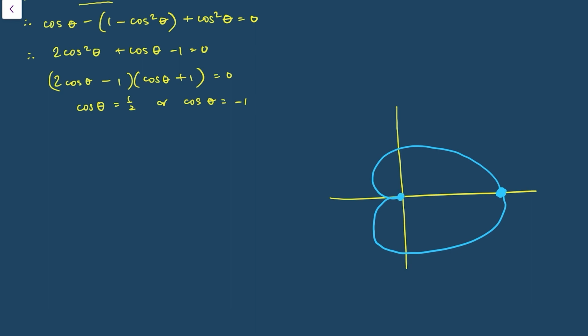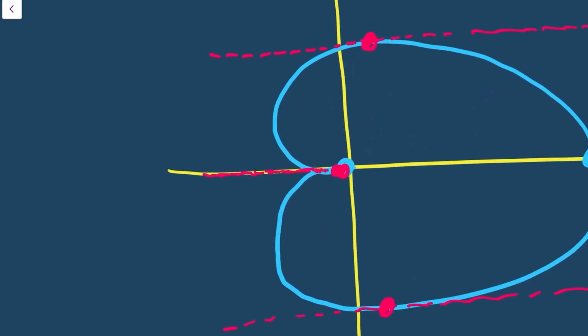And my lines parallel to the initial line will be across there, and it will be across here, and there's actually also going to be a tangent here at this point. So I'm going to get a tangent there, and at this point, for my r and theta value there, I will also have a tangent.